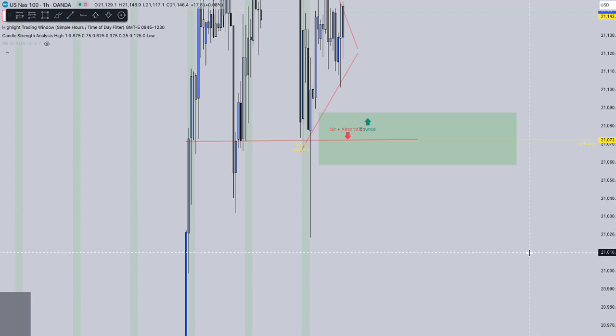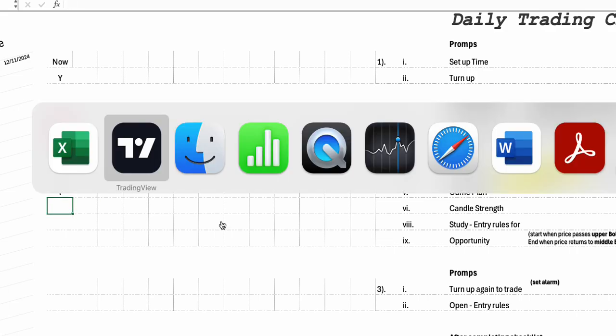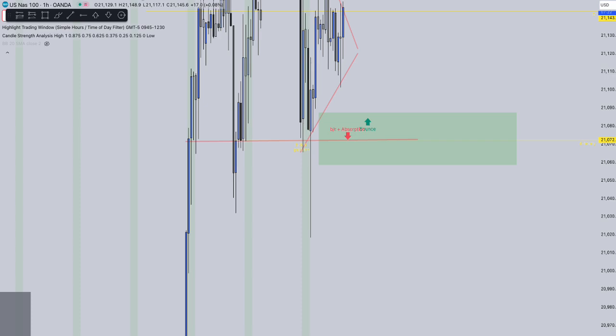Where are we? There. So yeah, that's reasonably realistic. We've got to make something up. First one will be 7. Game plan, yes. Candle strength. Let me just look at daily.